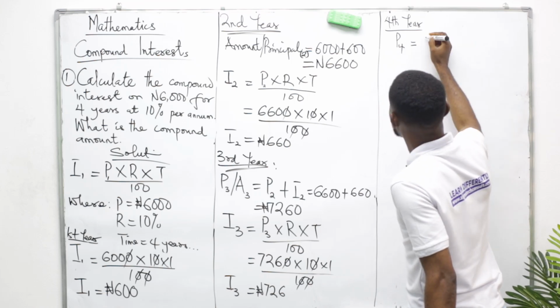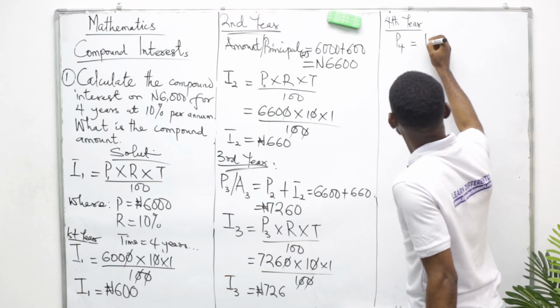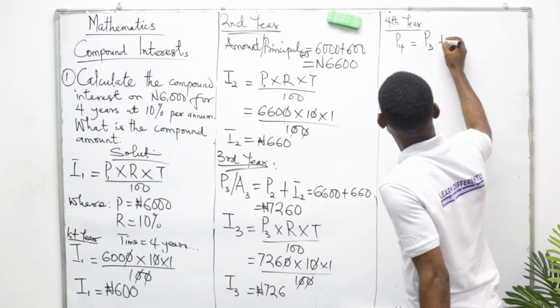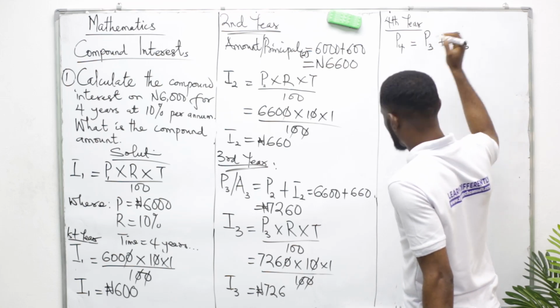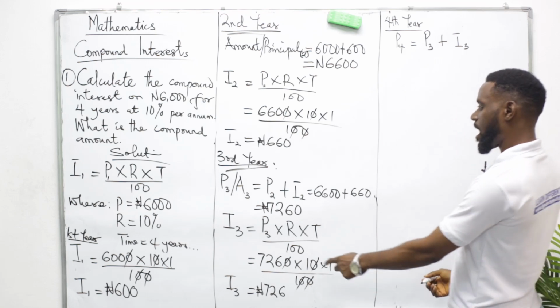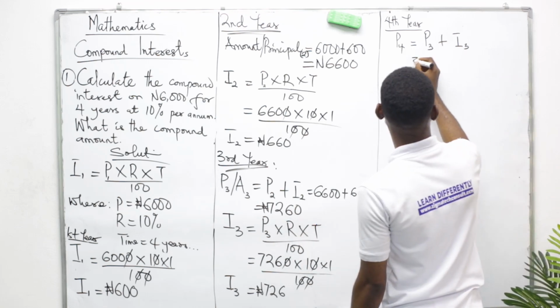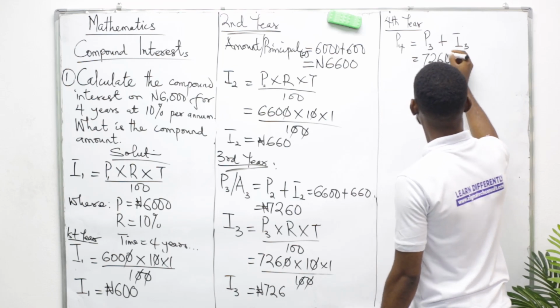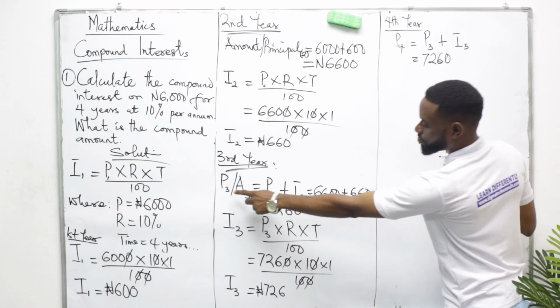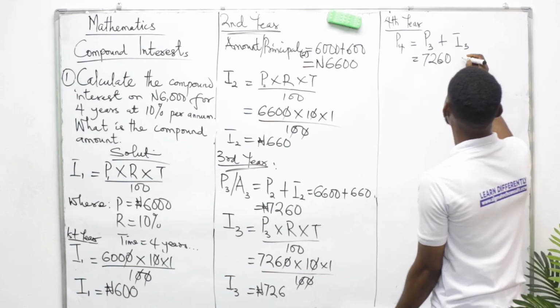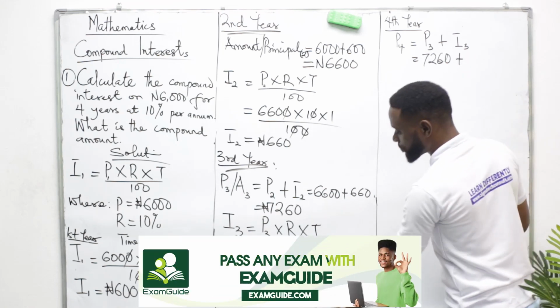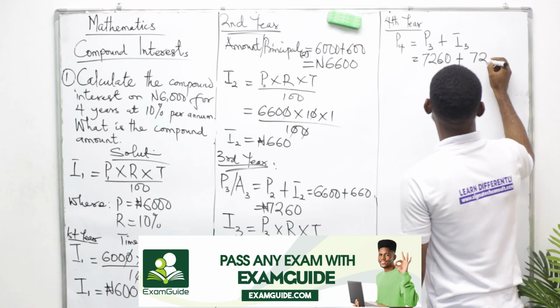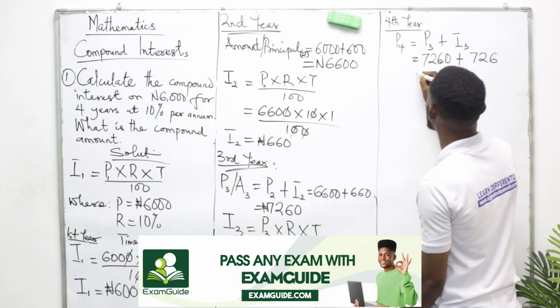P4 is simply P3 plus I3. Our P3 is 7260 plus our I3 is 726, all in naira.